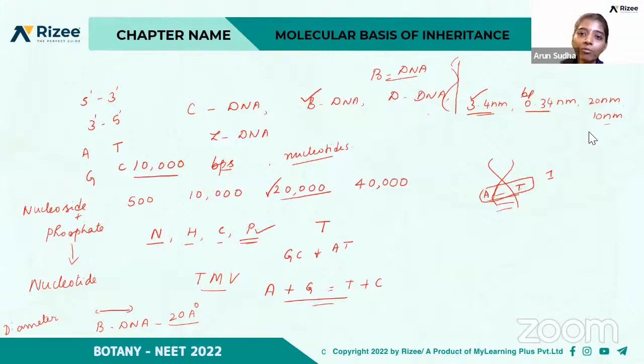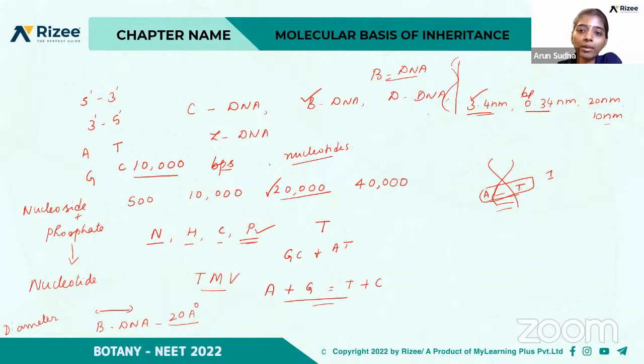Other than that, you may get only direct questions. So be clear with the nitrogenous bases, what a nucleoside and nucleotide are, the double helical structure of DNA, and how DNA is packaged in the nucleus, that is the structure of histones. These are the main factors that come under the structure of DNA.